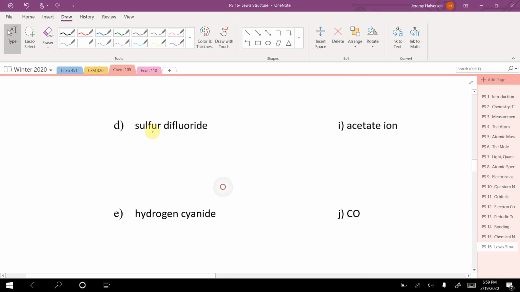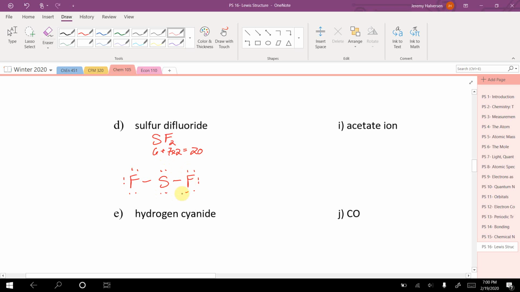All right, sulfur difluoride, SF2. It's going to be 6 plus 7 times 2 gives me 14, so 20. Sulfur in the middle with my 2 fluorines. 2, 4, 6, 8, 10, 12, 14, 16, 18, 20.